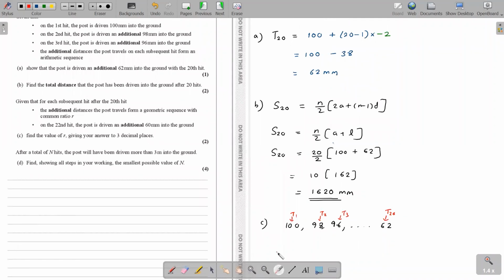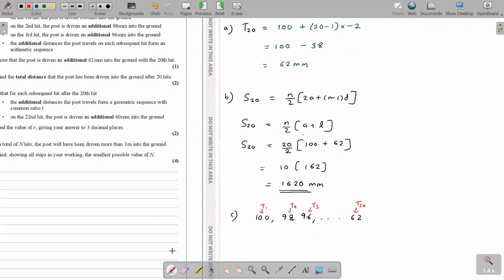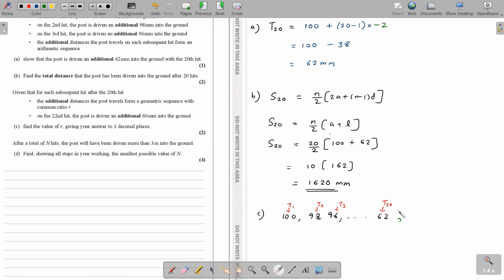Now look at this. After the 20th term, the 21st term onwards, what does it follow? A geometric sequence with common ratio R, which means what? How do I get the 21st term? Now you saw when it was arithmetic, I subtracted 2 from the previous term and I got the next term.